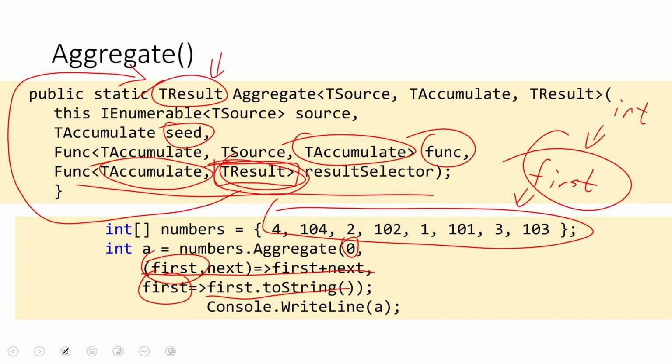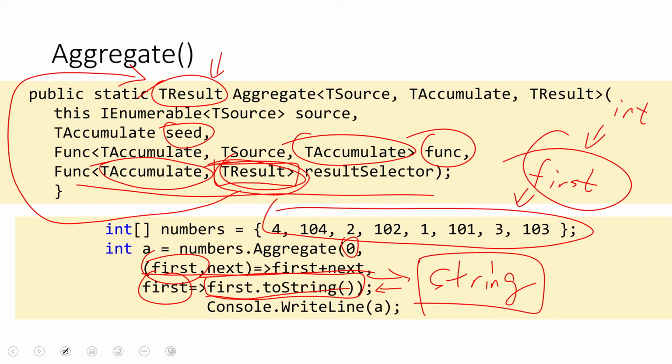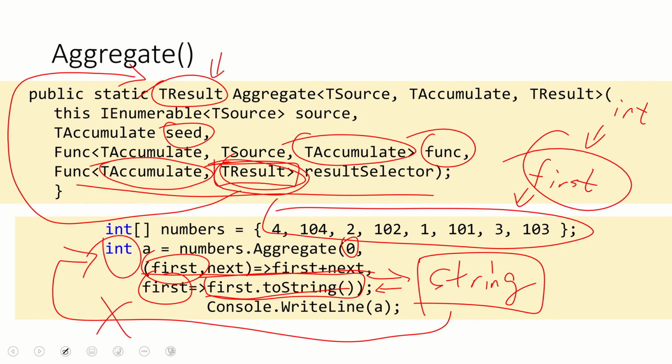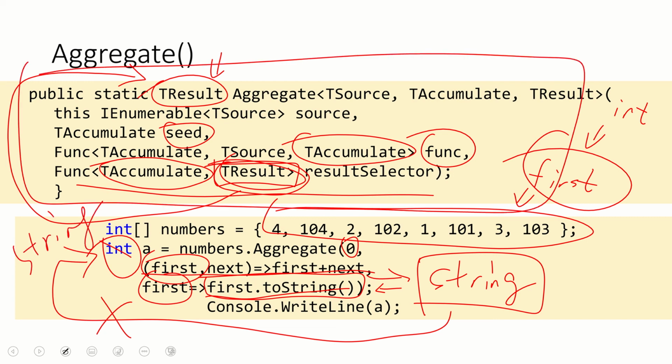So obviously here is the result selector, and this one returns a string, right? Is that the same data type as the return type? The answer is no. We have to change this one to string in order to make this work.